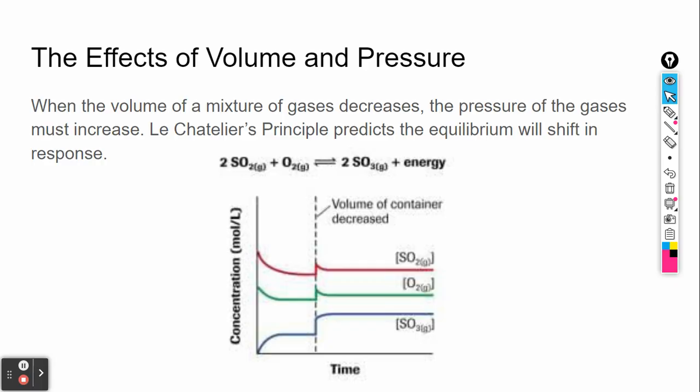So here I've got two gases reacting to produce one gas, but I've got 2 moles of the SO2 and only 1 mole of the oxygen, so 3 moles on the left-hand side and 2 moles of gas on the right-hand side.